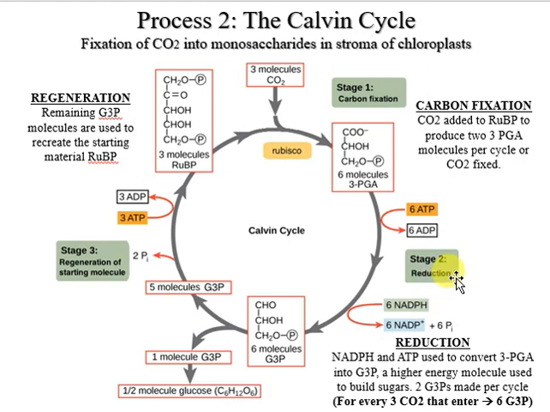So during reduction, each of these 3-PGA molecules receives a phosphate group from ATP to form a molecule that's called 1,3-bisphosphoglycerate. Again, that's a redox reaction, your first one, which involves the gain of electrons by 3-PGA to form your 1,3-bisphosphoglycerate, and the loss of electrons from ATP. So ATP here is oxidized to ADP.